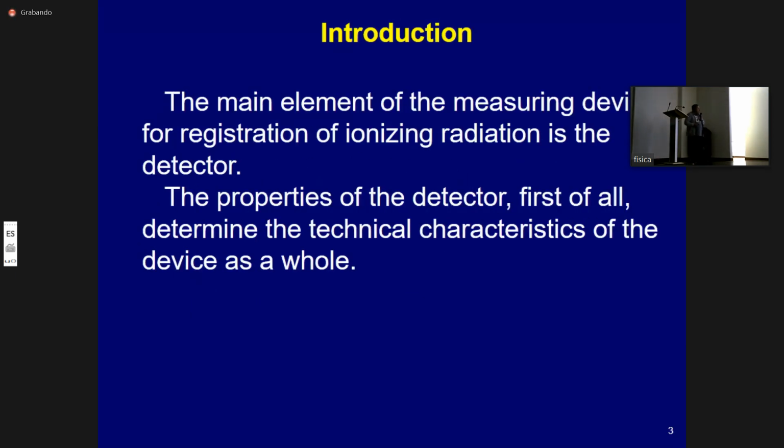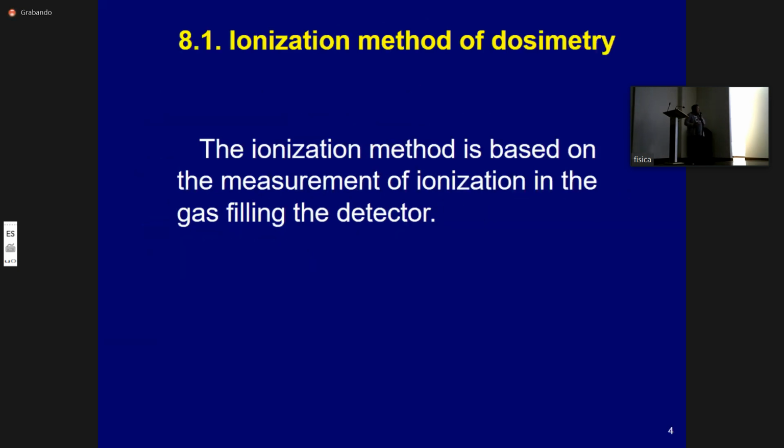The main element of the measuring device for registration of ionizing radiation is the detector. The properties of the detector, first of all, determine the technical characteristics of the device. The ionization method is based on the measurement of ionization in the gas-filled detector.